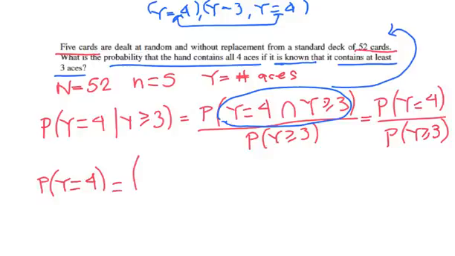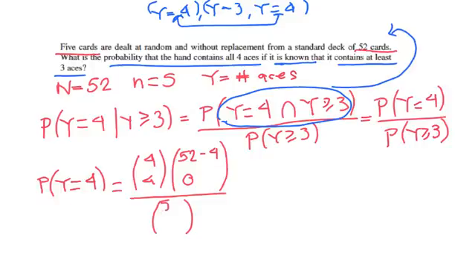So if I want Y equals 4, I want from the R, that it's 4, I want to select the 4 of them, and then from the rest, that it's 52 minus 4, we want to select 0. And in the denominator, this is 52 and 4. So this is the first probability.